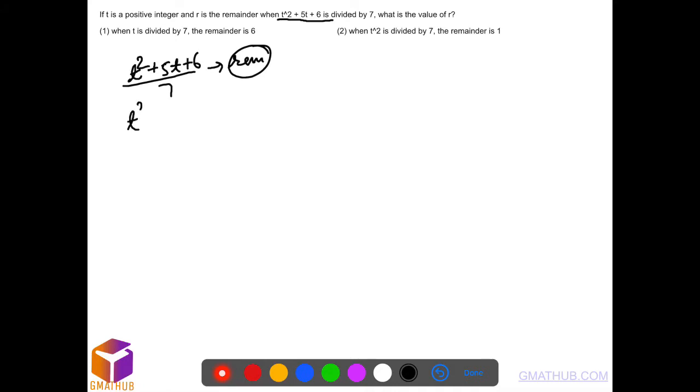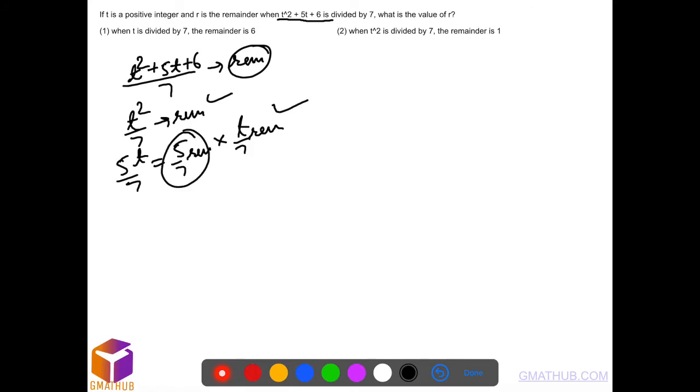Same way we can find t square by 7 remainder. Yes. 5t by 7 remainder. Yes, 5 by 7 remainder into t by 7 remainder. So we can find this also. 5 by 7 remainder would be 5, and 6 by 7 remainder we can find. So you can find everything that is required here. This is sufficient. We don't need to find anything.